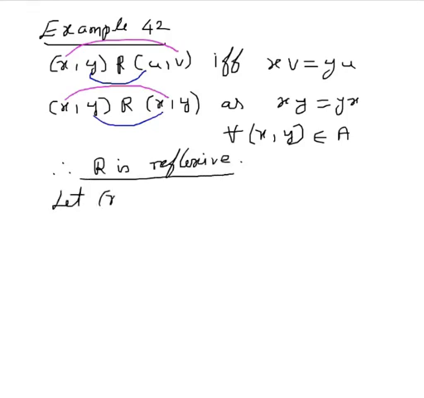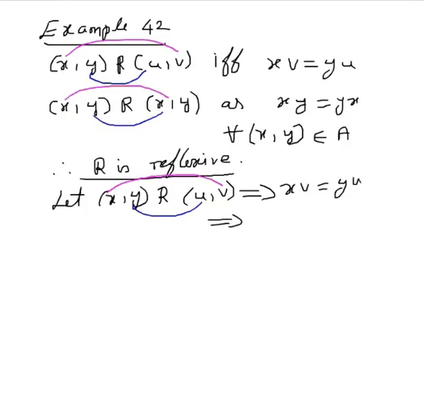Let (x, y) be related to another element (u, v), which implies x into v should be equal to y into u. Which implies I can write this as, see, I have to get (u, v) related to (x, y).